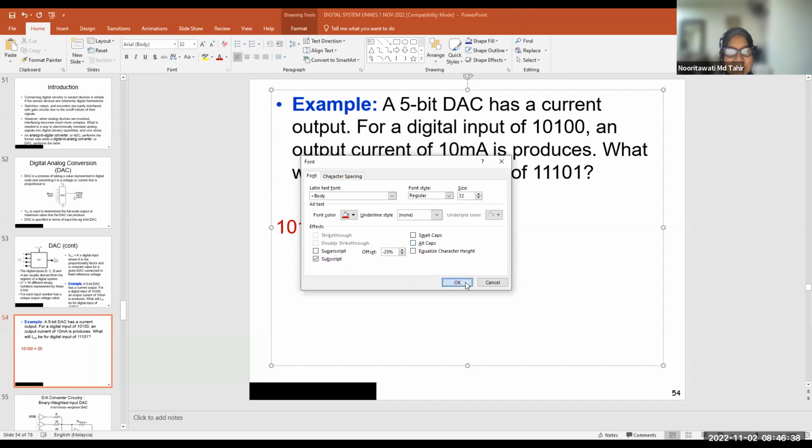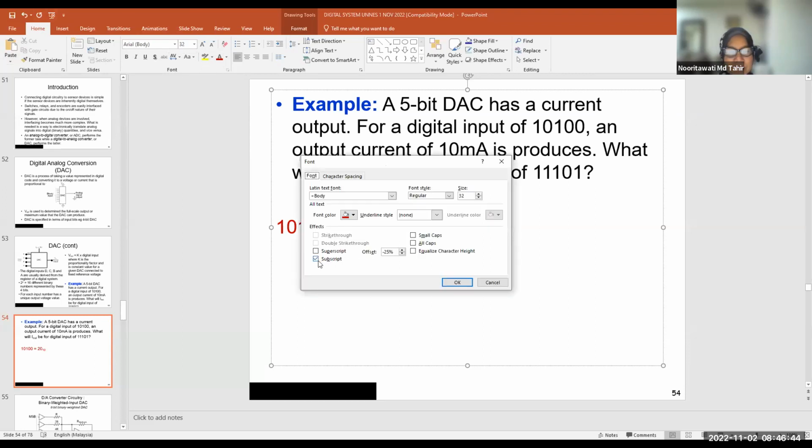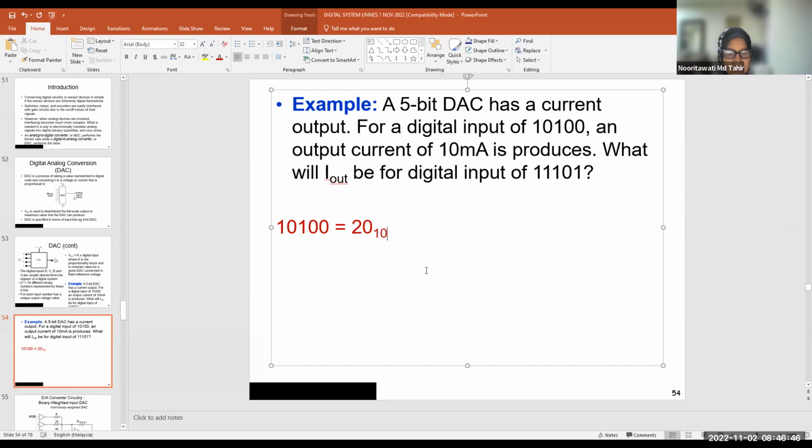Kita pakai macam ni. Okay, for a digital input of 10100, the output current is 10 milliamp.